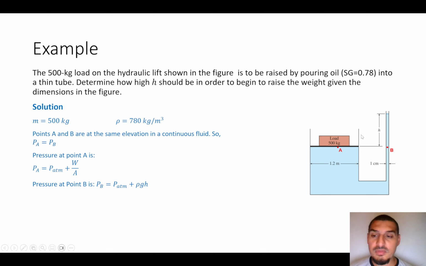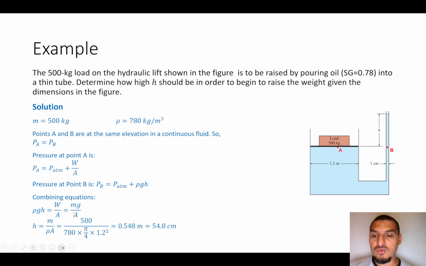So putting the equations together, PA equals PB, and we can find that W over A equals rho gh. The W is mg, so the g will cancel out, and then we can find h as m over rho A, which we can calculate to be 0.55 meters or 55 centimeters.